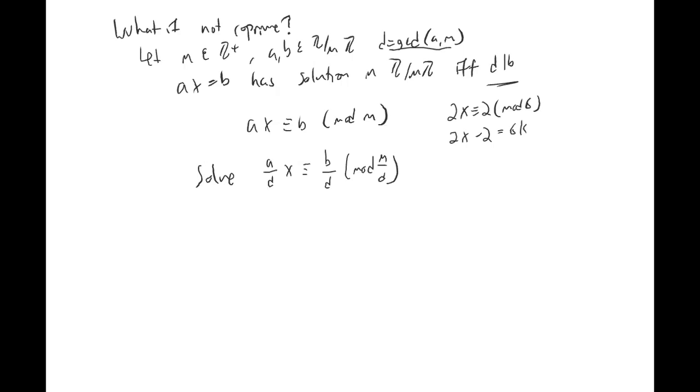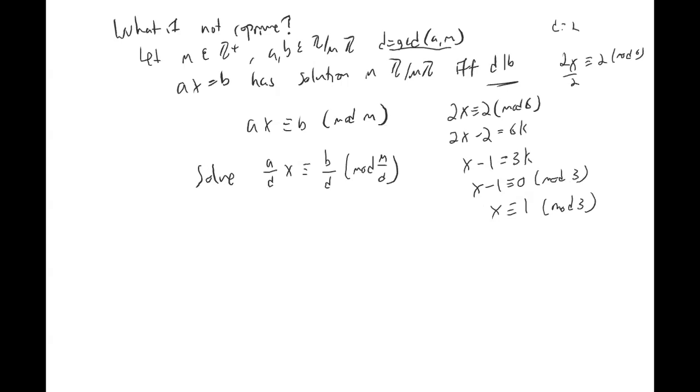This is the same as saying x minus 1 is equal to 3k, which is basically saying x minus 1 is congruent to 0 mod 3, and x is congruent to 1 mod 3, right? So in the end, all I did was divide by 2. D is 2, and I divided by 2 to get x.